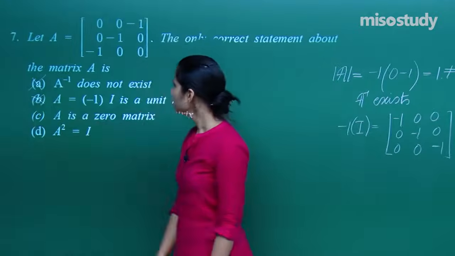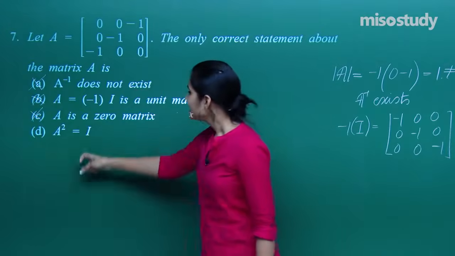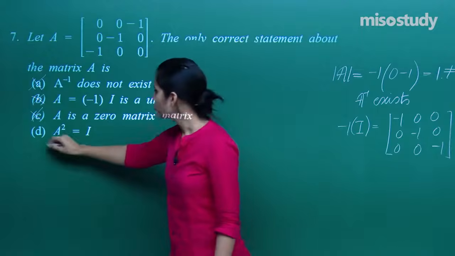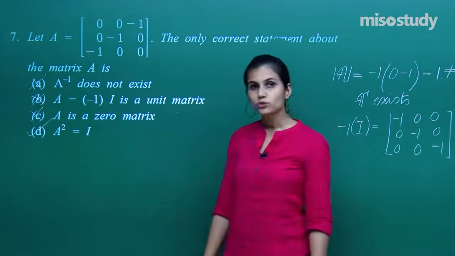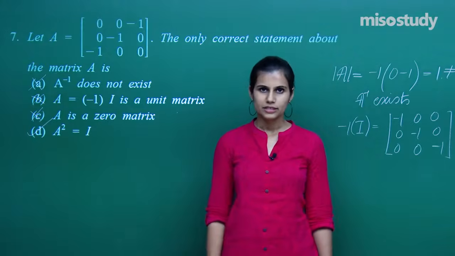So this is wrong. Obviously A is not a null matrix, and A square therefore is equal to I. This is correct. In fact, you can do it also when you square the very matrix A, you are going to get the identity matrix.